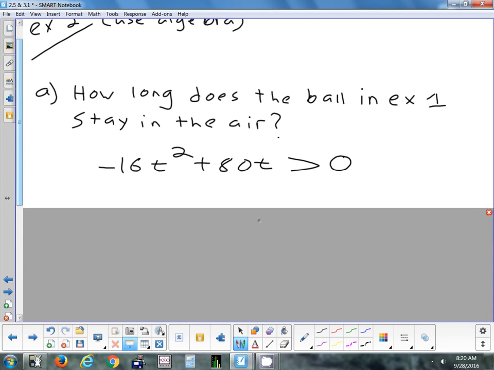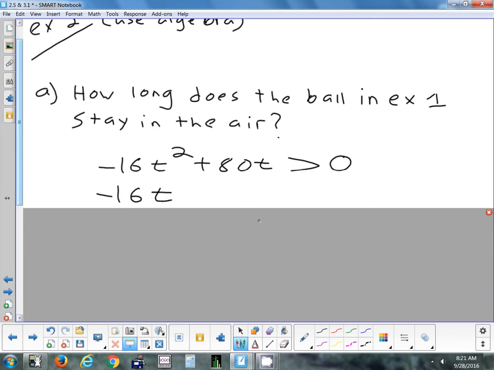Does anybody see on the left-hand side anything that's common to both terms? Yep, t and anything else? T and what else? 8. Yeah, 8 is common. How about something even bigger? 16. In fact, just because I like my squared term positive, I'm going to factor out a negative 16t.